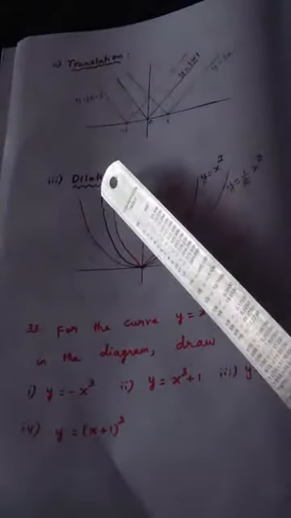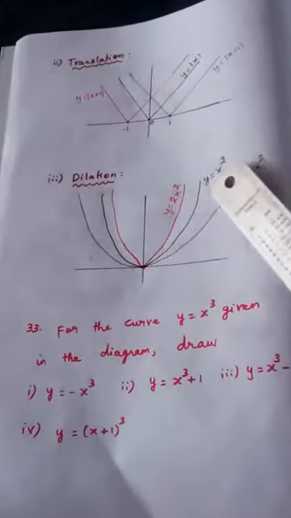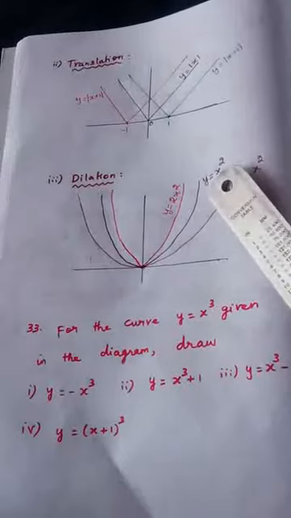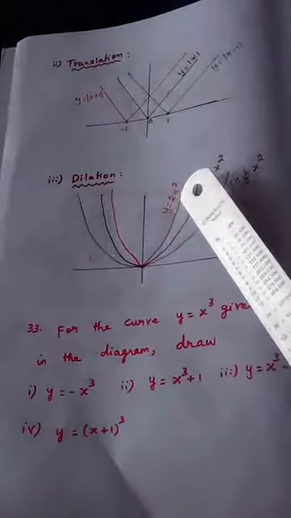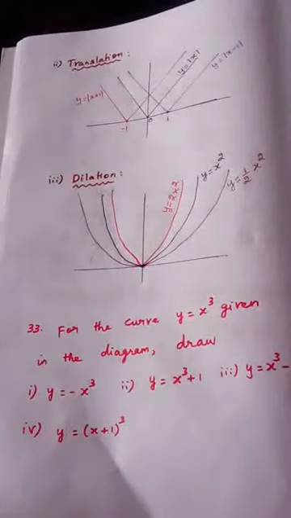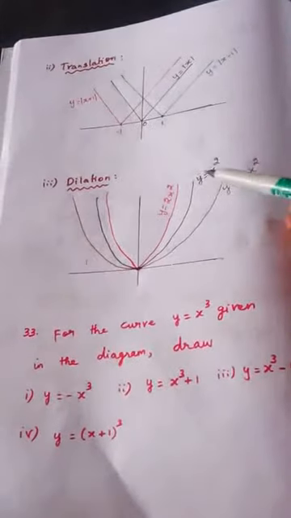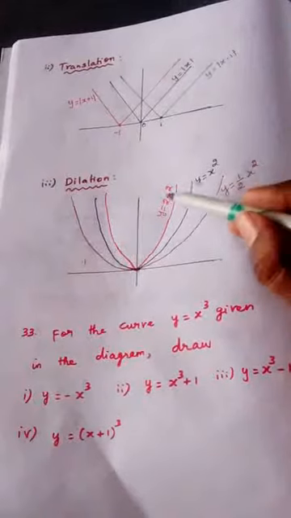Listen, this black curve is y is equal to x square. Another curve, the red color curve, is y is equal to 2x square. What is the difference between this and this? In the equation, this is x square and this is 2x square.